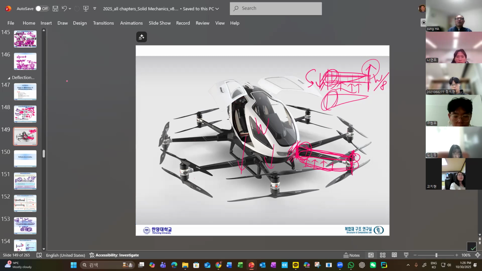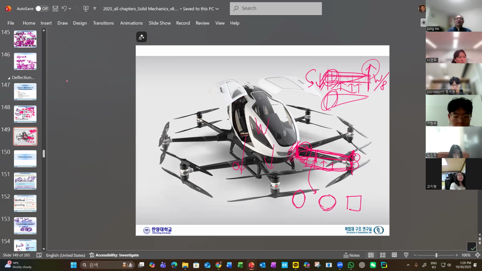Then the cross section can be circular. Of course, it can be rectangular, but rectangular is not easy to manufacture. The circular is easy. So you can see that this is a circular cross section. But it may not be really circular; with the same cross section, we may have a little bit of an elliptic shape.